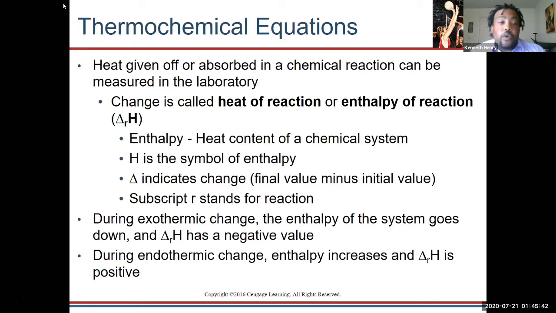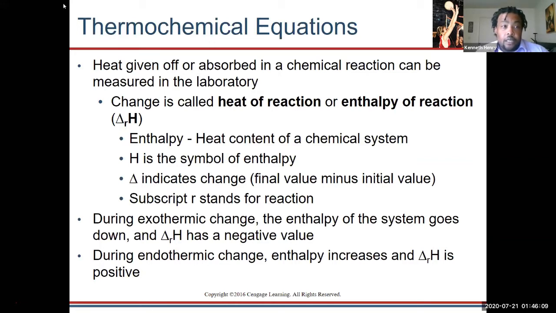So a lot of times chemical reactions will give off heat or take in heat. Okay? And we've talked about this at the very beginning. And I know you guys remember because we're talking about, is it endothermic? Is it exothermic? Now we get to actually apply it, and now we get to put some numbers, because that's part of chemistry. So chemical reactions are going to either give off heat or they're going to absorb heat.